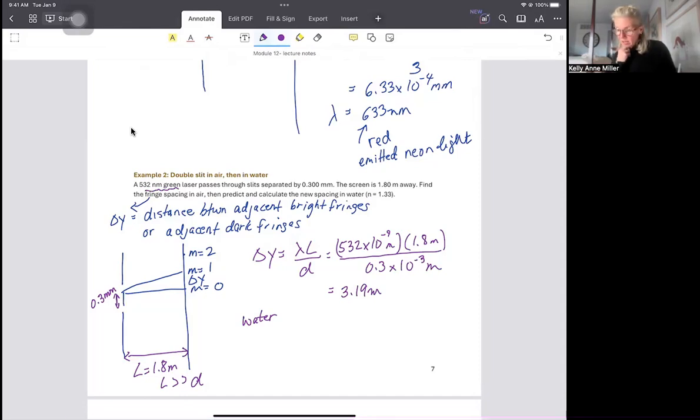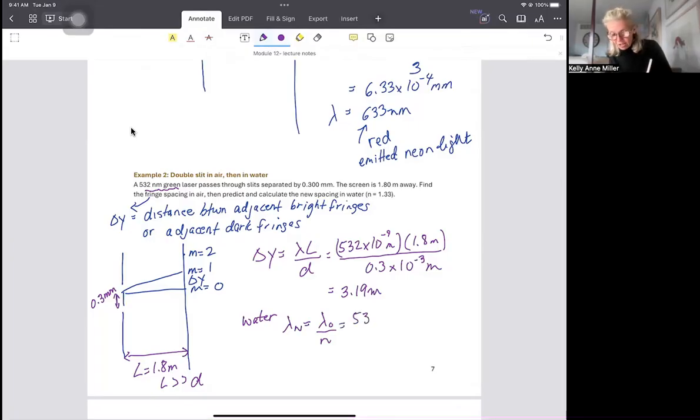It's going to get smaller, right, as the laser light slows down in water. So the new wavelength is going to be the old wavelength divided by the index of refraction of water.